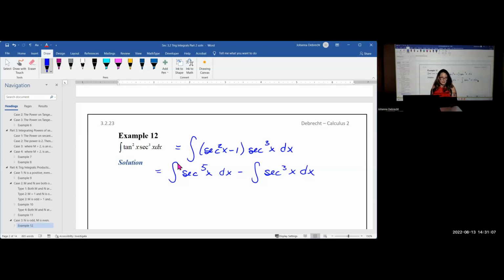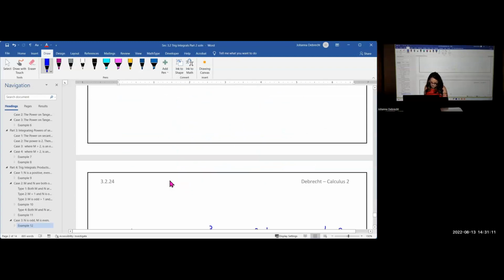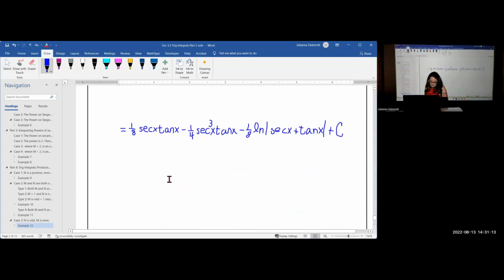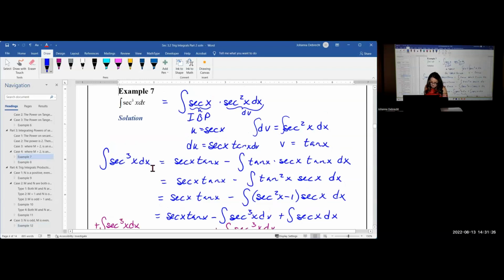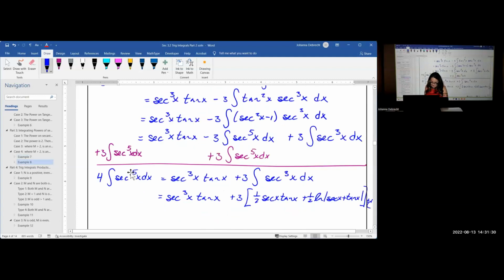So let me go ahead and see if I can find the solutions to those. I don't know if I copied them or not, but here's basically the solution down at the bottom. Looks like I did not copy them off. But secant to the fifth of x was in part 3. Is that this one? Yes. So secant to the fifth of x was example 8.